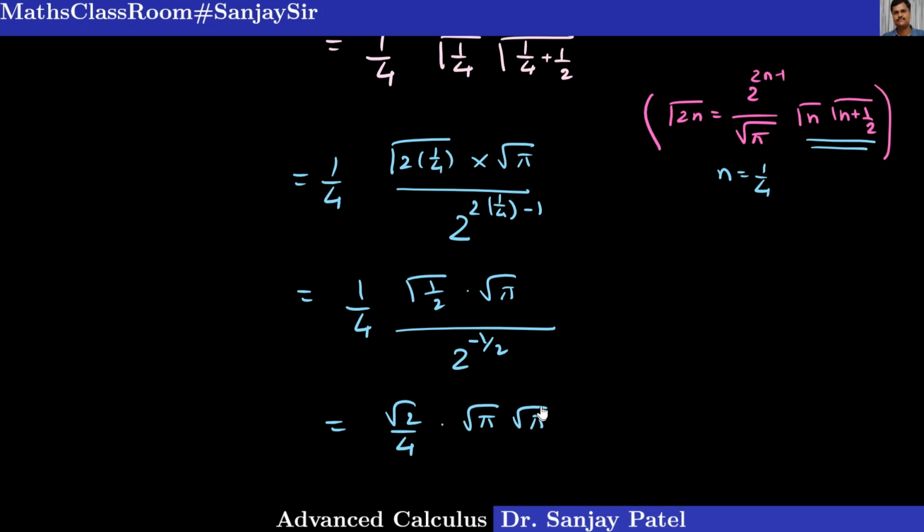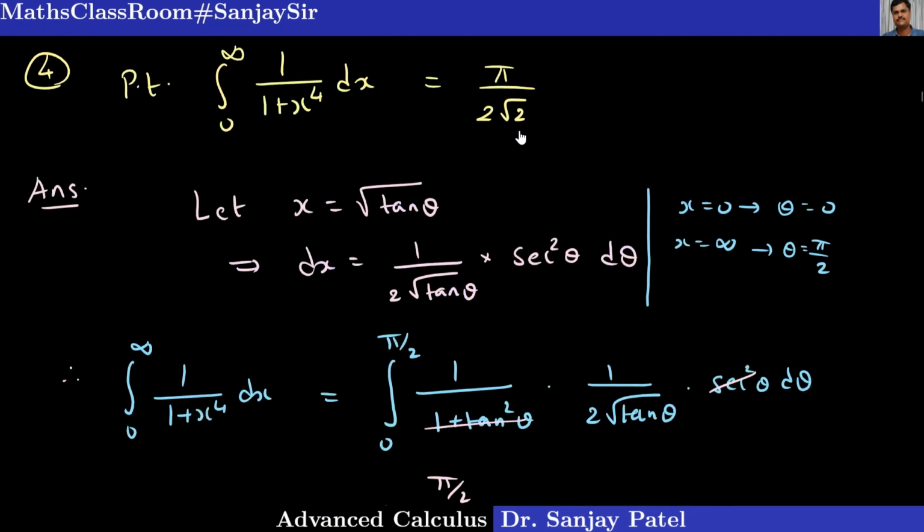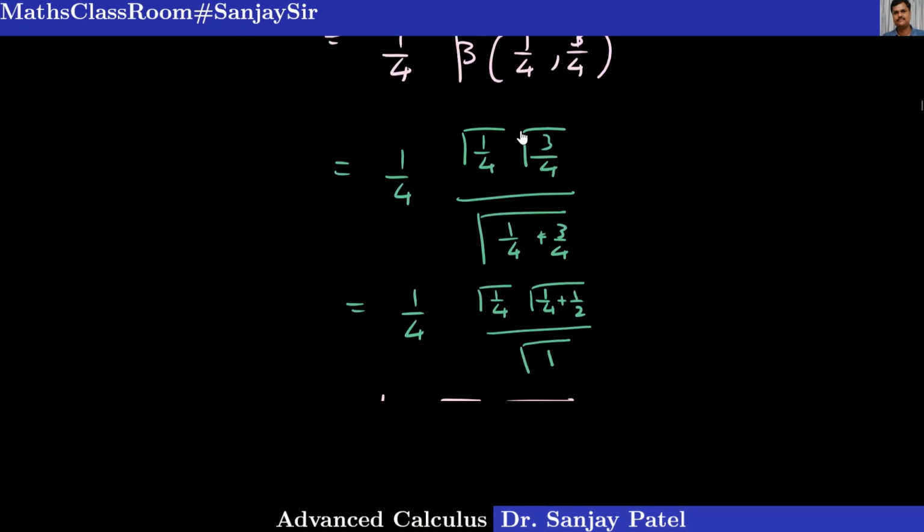So our answer is root pi into root pi is pi, and this 4 I can write as 2 to the 4, and that one 2 will be cancelled with the root 2 above, and we get 2 root 2. So the answer is pi upon 2 root 2. Okay, so this is the required value.